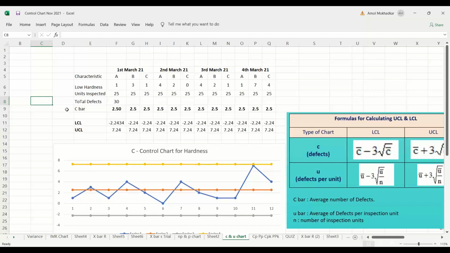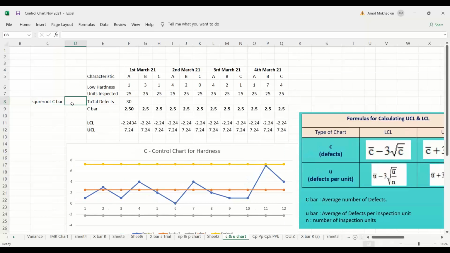So let us calculate the square root of C bar. C bar value is 2.5, so you can put SQRT 2.5. So this is the value of C bar, and the formula is C bar minus 3 into under root of C bar.